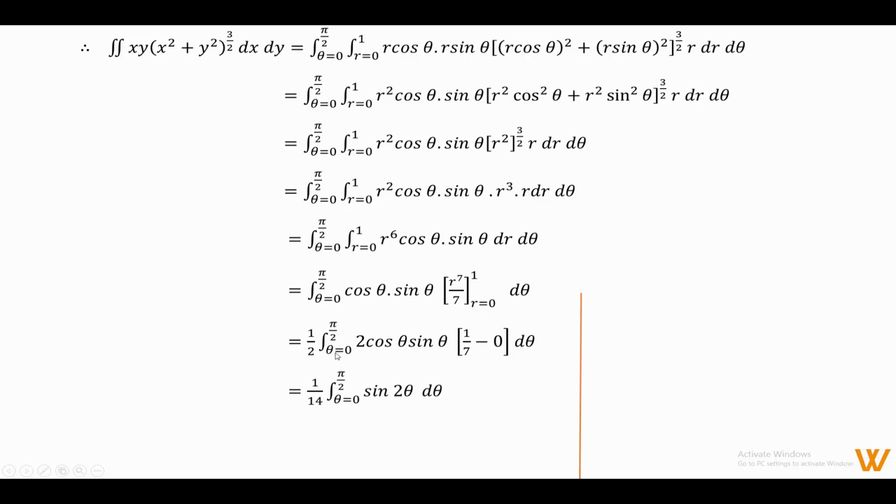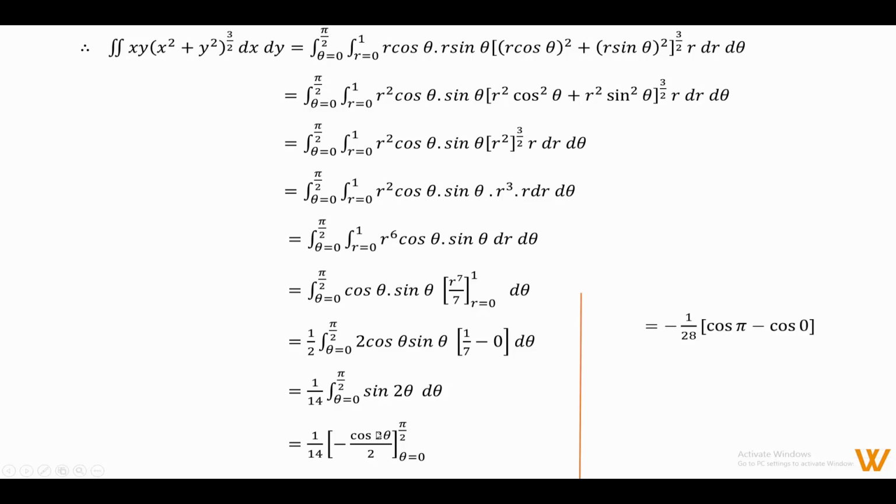1 by 14 integration with limit theta varies from 0 to pi by 2. Now we know the trigonometric formula: 2 cos theta sin theta is sin of 2 theta. 2 sin theta cos theta is sin 2 theta d theta, equal to 1 upon 14. Now integration of sin is minus cos of 2 theta divided by the coefficient of theta, which is 2, with limit theta varies from 0 to pi by 2.